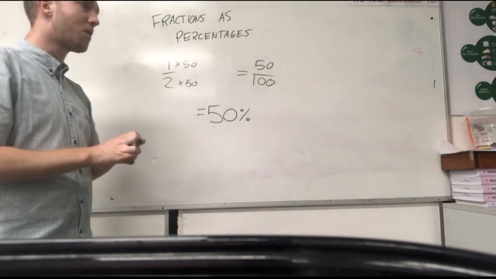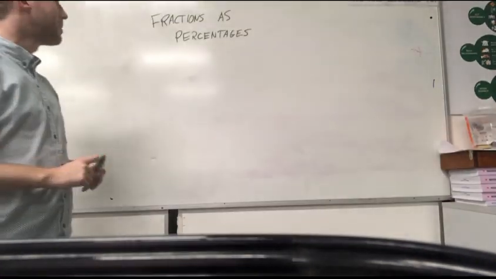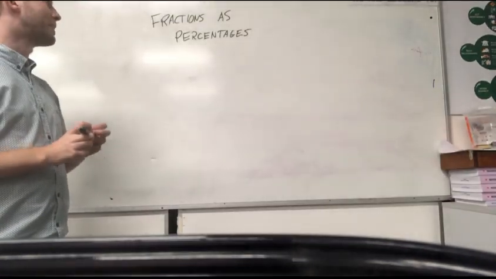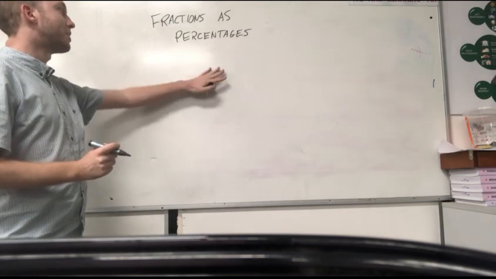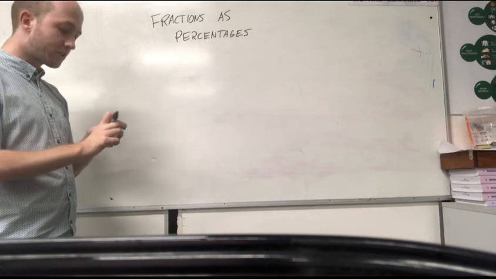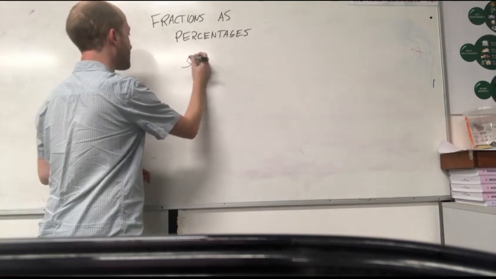Quickly wipe off the whiteboard. And wow, with a bit of camera trickery, our whiteboard is now clean. We're going to work out another example using the same kind of techniques. Let's say I had 3/4 for this one.